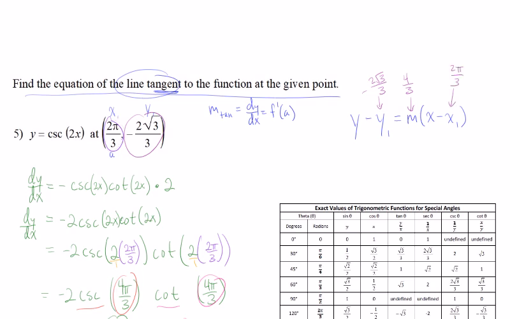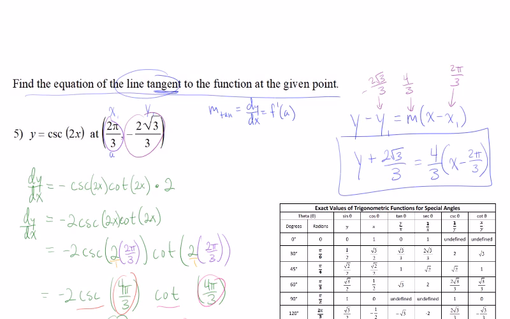We'll put all that in: y plus, because of the negative, 2 root 3 over 3 equals 4/3 times x minus 2 pi over 3. And that's our final answer.